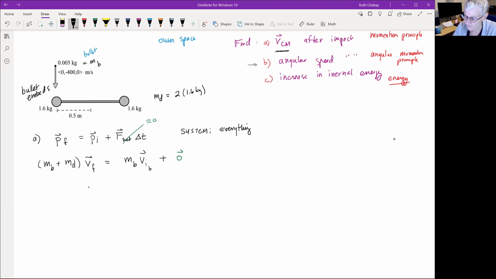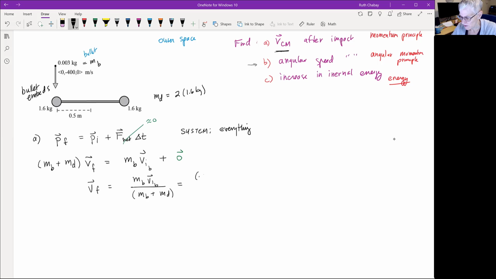And so we can actually just get the final velocity as the initial momentum divided by the mass of the combined objects.